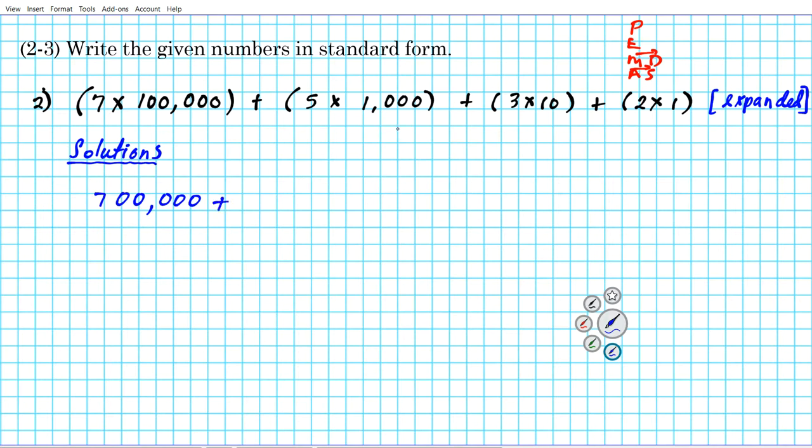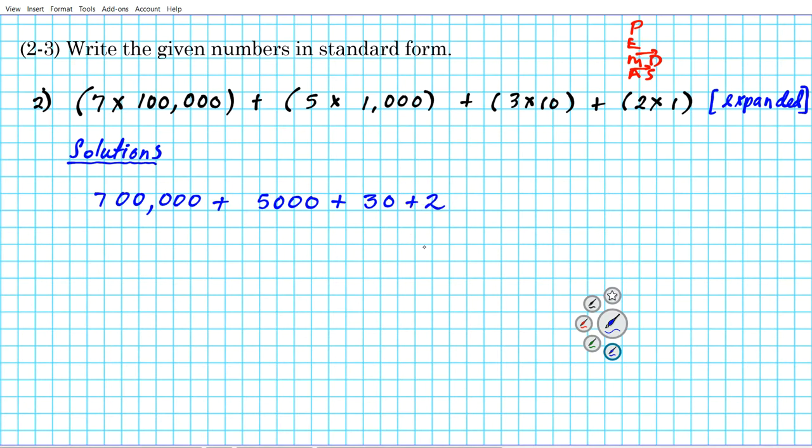Plus, what is 5 times 1,000? The shortcut is 5,000. If you multiply 5 by these zeros, it's going to be 0, 0, 0, and then 5 times 1 is 5. Following the same pattern, 3 times 10, 3 times 0, 0, 3 times 1, 3, it's 30. And then 2 times 1 is 2.